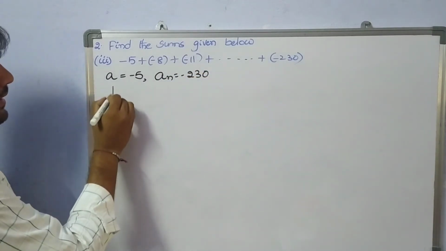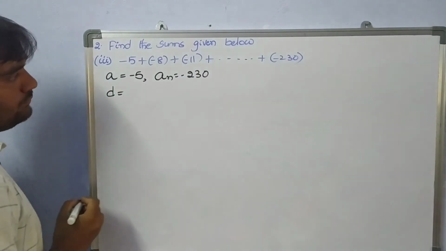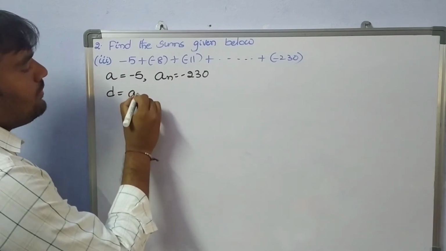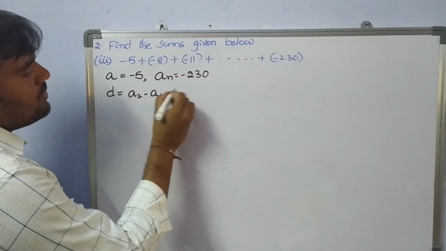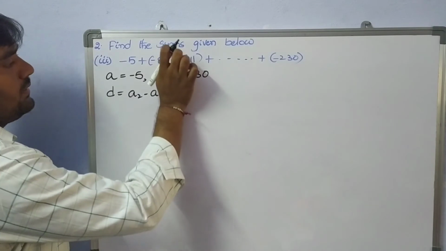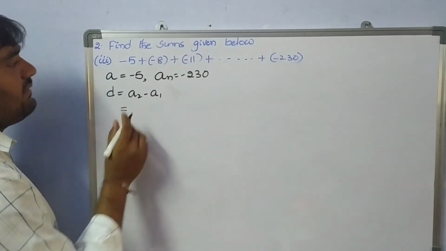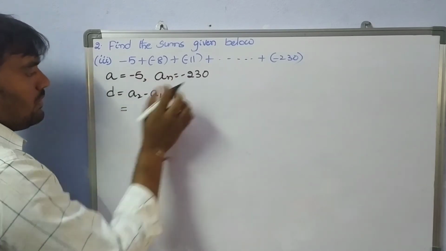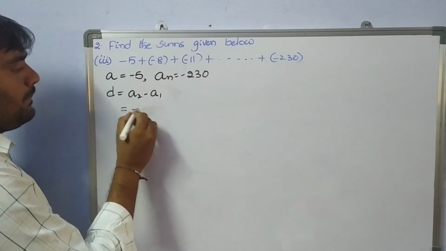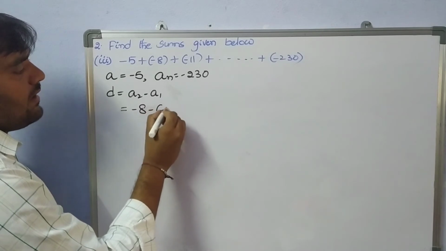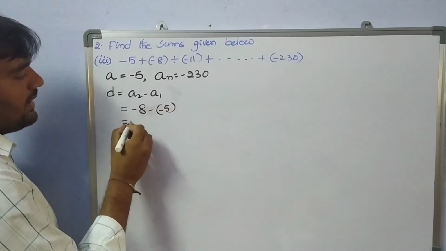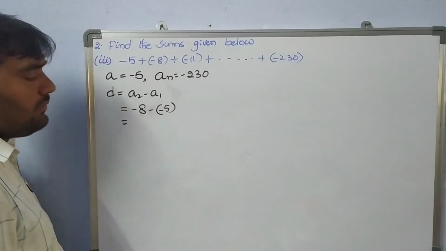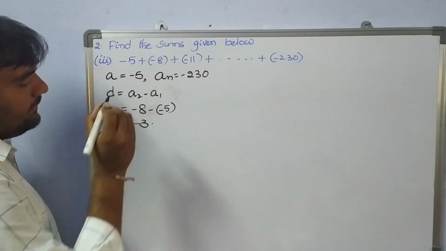After that, the common difference d is equal to a2 minus a1. a2 is nothing but minus 8, so minus 8 minus of minus 5. Now we get minus 8 plus 5. Minus 8 plus 5 we will get minus 3.